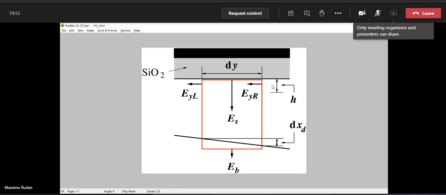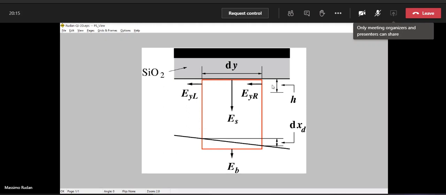Then we have, in principle, another field on the other face, EB, but of course EB is equal to 0 because the lower face of the cylinder is in the neutral region. So EB is indicated, but it is 0.